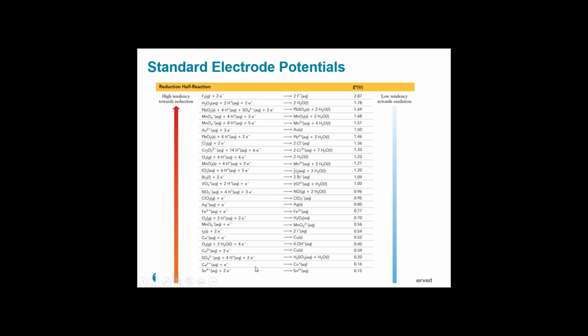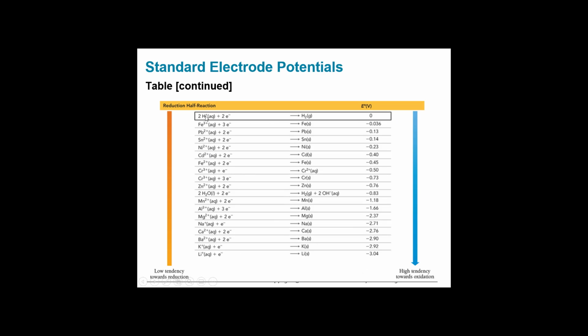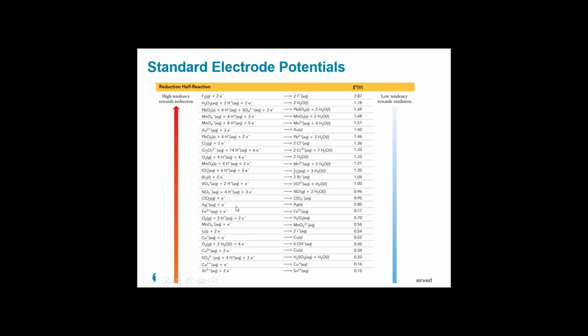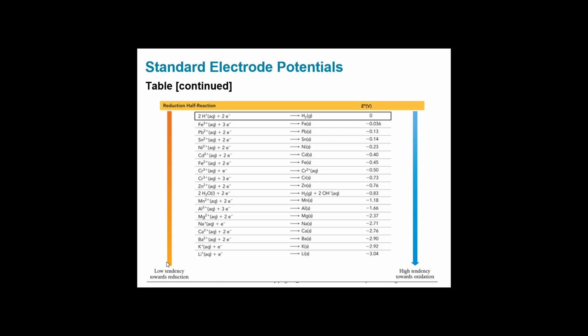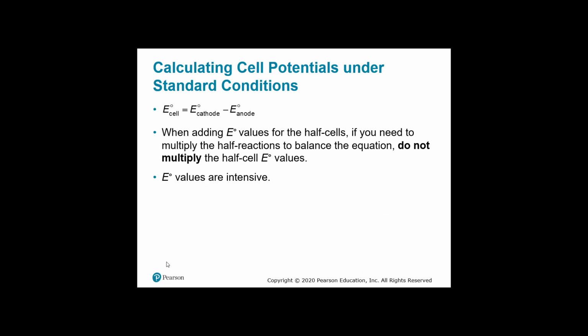So anything that's below this, but above the standard hydrogen electrode, can actually be oxidized by the nitric acid, but will not be oxidized by the water, because anything above it is not as strong as that. It's going to gain electrons. It's not going to oxidize them. But anything below this, nitric acid can interact with and cause them to lose their electrons and be oxidized. So it's kind of a hierarchy kind of thing, which I'll cover on the last slide.